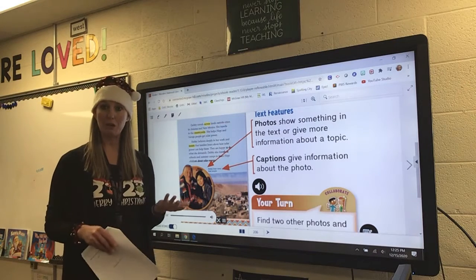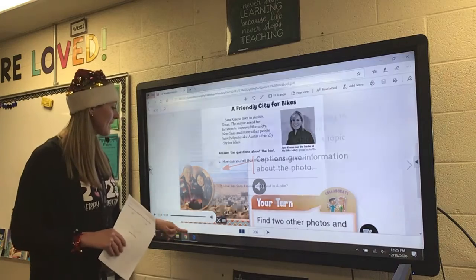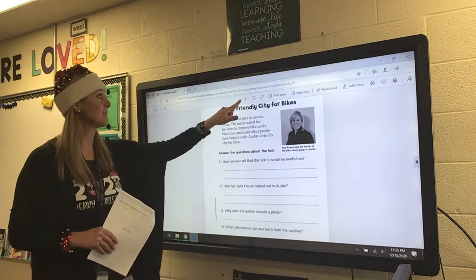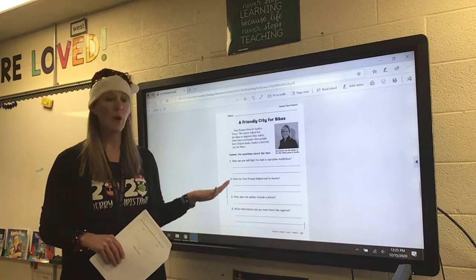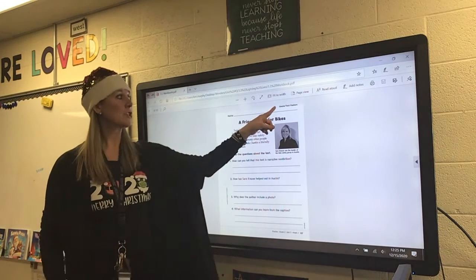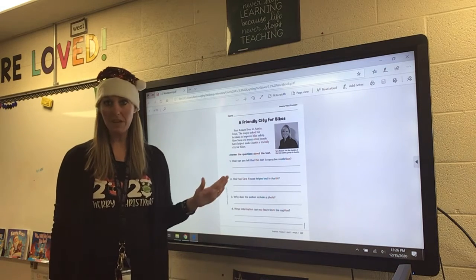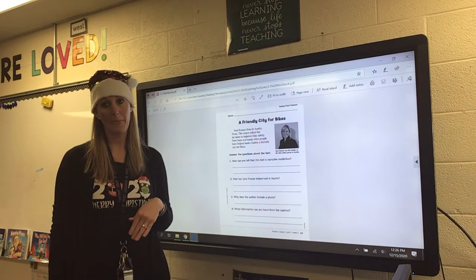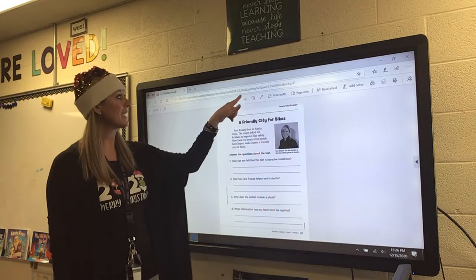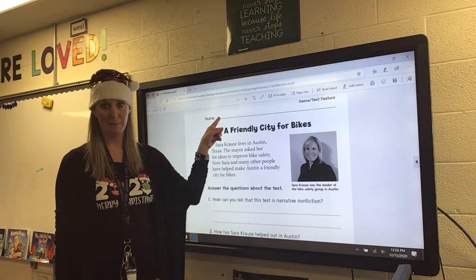All right, now we're going to practice this in our workbook, which is your reading page for today. So if you would please find this page, it is white. It is page 127, and the genre says text feature. And pause the video if you need to go get it. When you get it, would you please nicely and neatly write your name at the top?